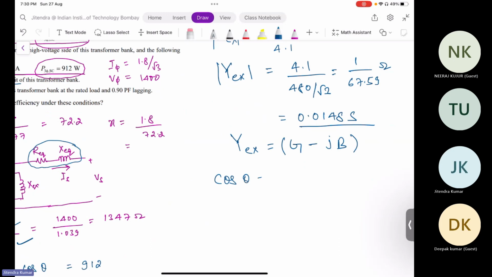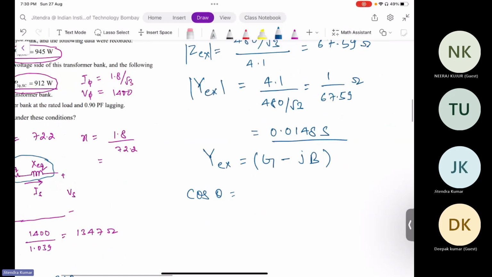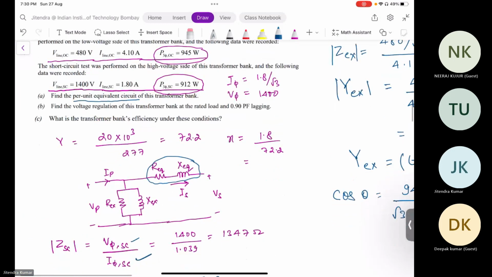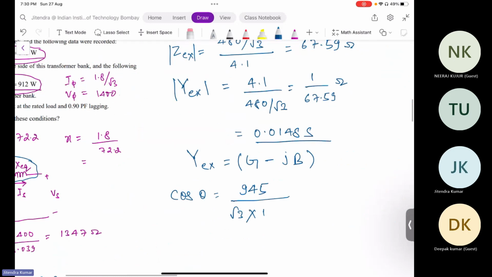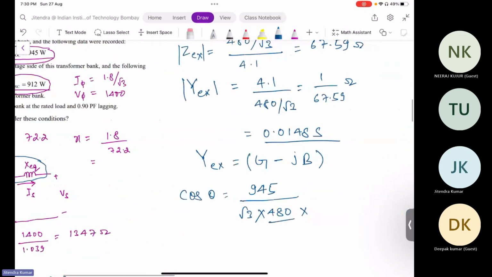Cos theta is equal to power, which is 945, divided by root 3 times V, and V is the line value 480 volt, into line current 4.1. Any doubt in this? No, sir.